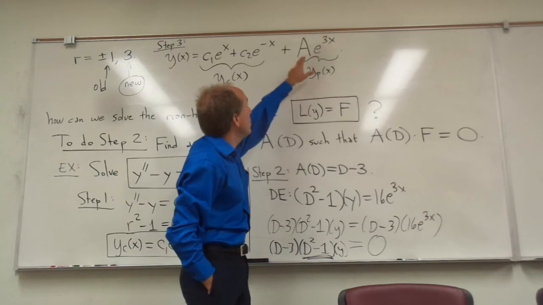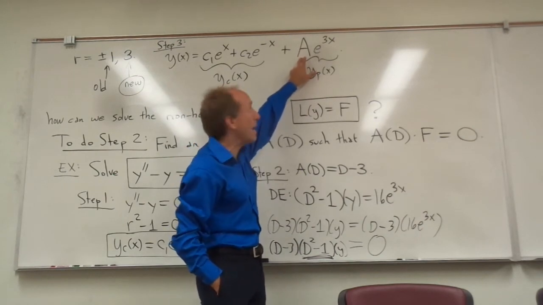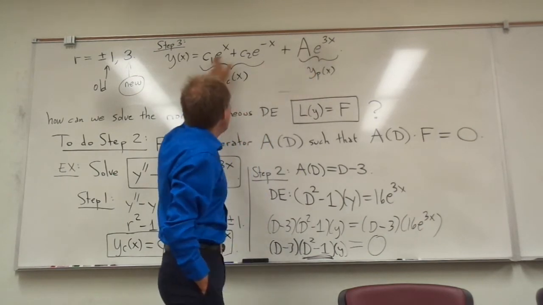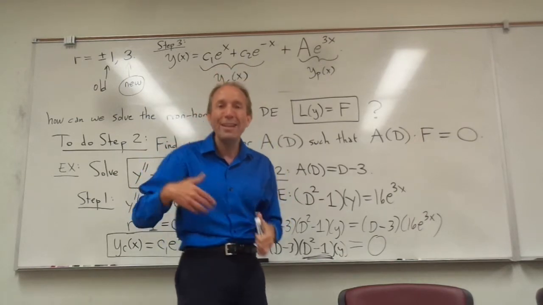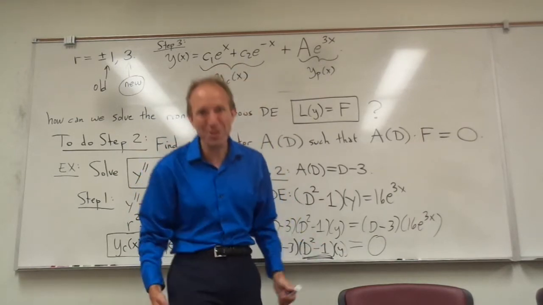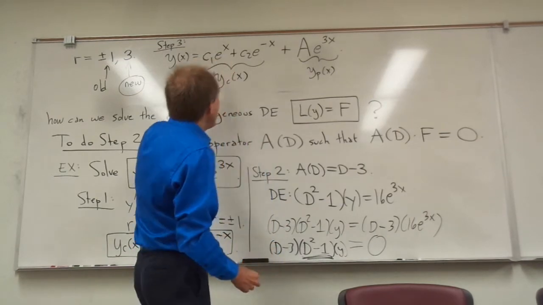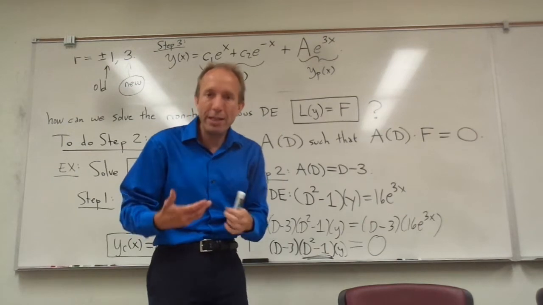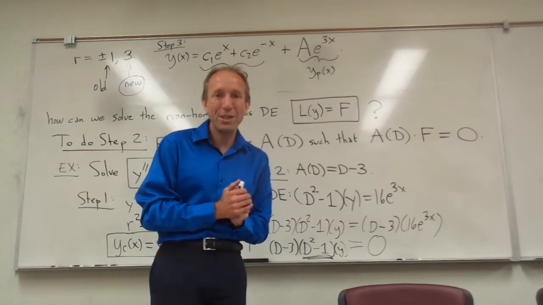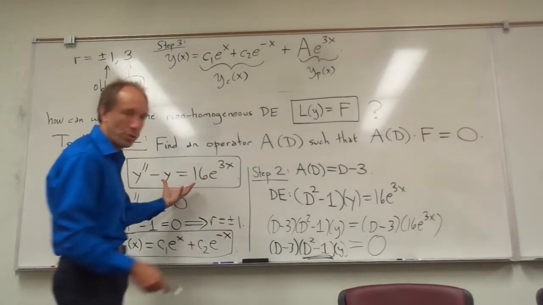We can actually find this number, capital A. Whereas C1 and C2 are the general parameters that you're going to see in the general solution to the differential equation. The only way that I could solve for C1 and C2 is if I had been given initial conditions to go along with this differential equation.